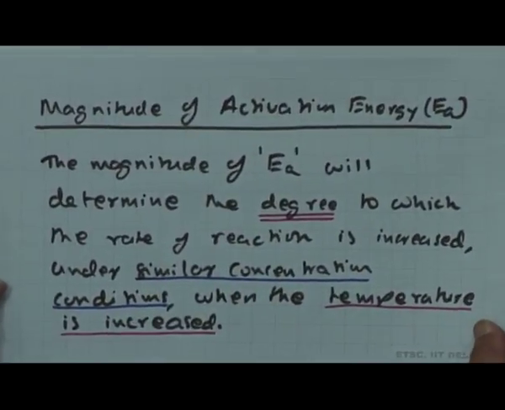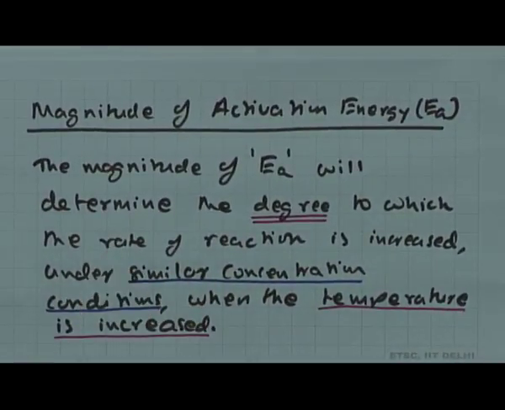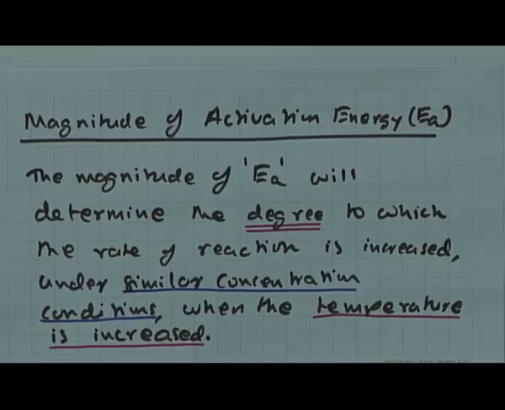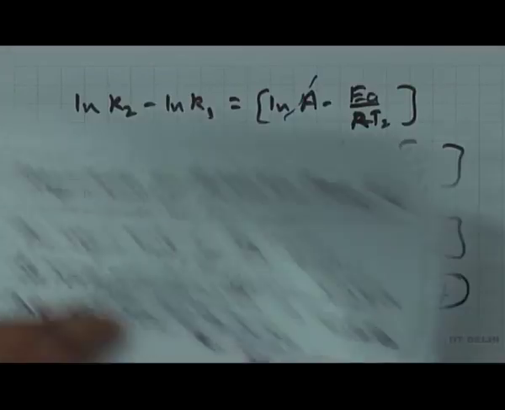What did we say? We said that the magnitude of Ea will determine the degree, that means the extent to which the rate of the reaction is increased when the temperature is increased, but make sure that concentration conditions are kept the same. Okay.